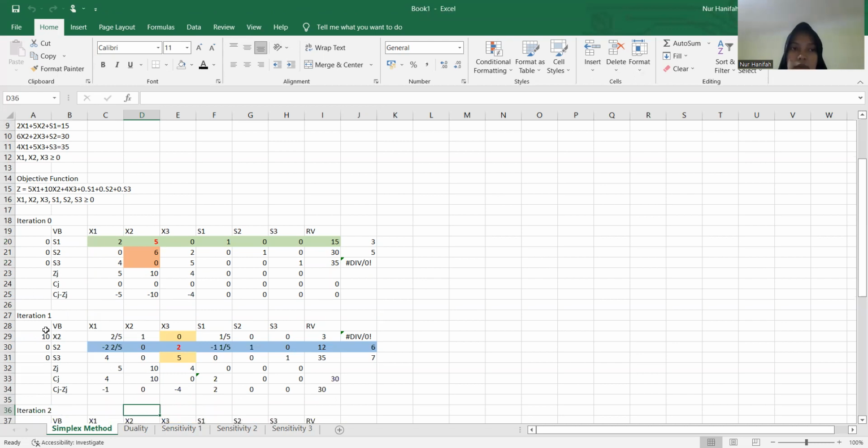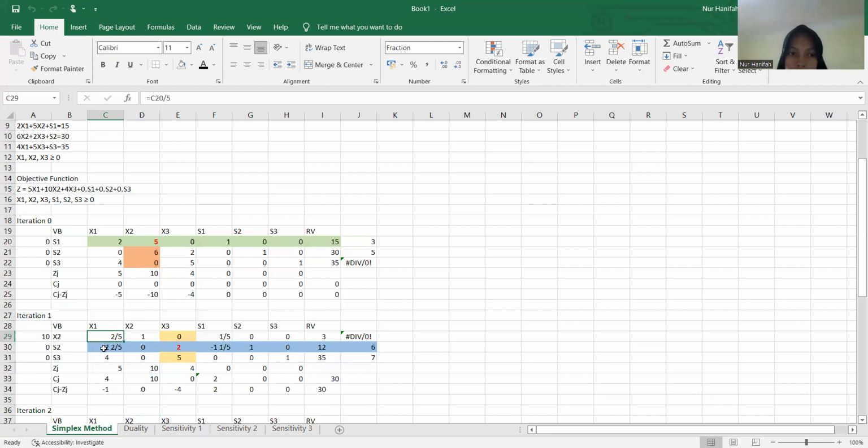In the next iteration, we write the variables, and first we make the new values for the first row, because this is the key row in the previous iteration. We write 2 divided by the key number. The key number is 5. 2 divided by 5, and so on.